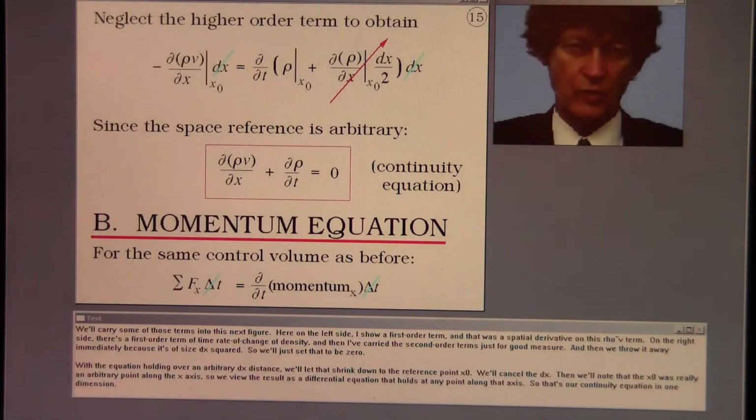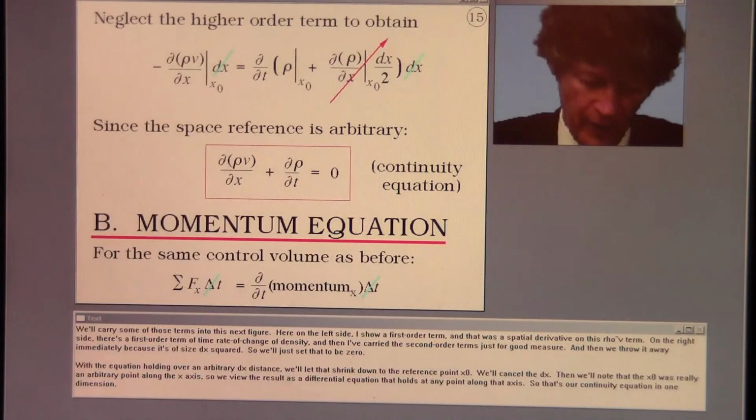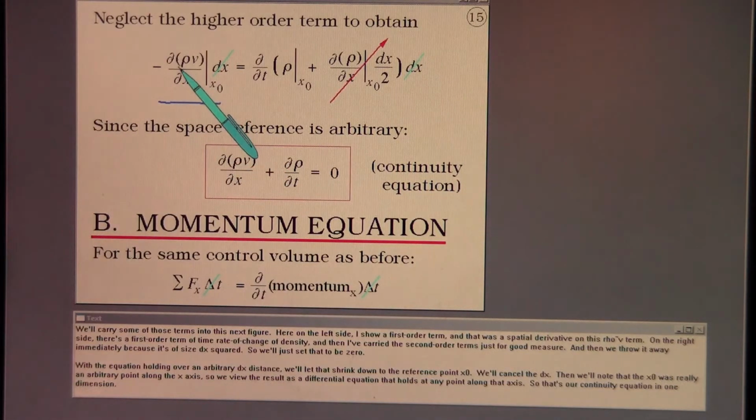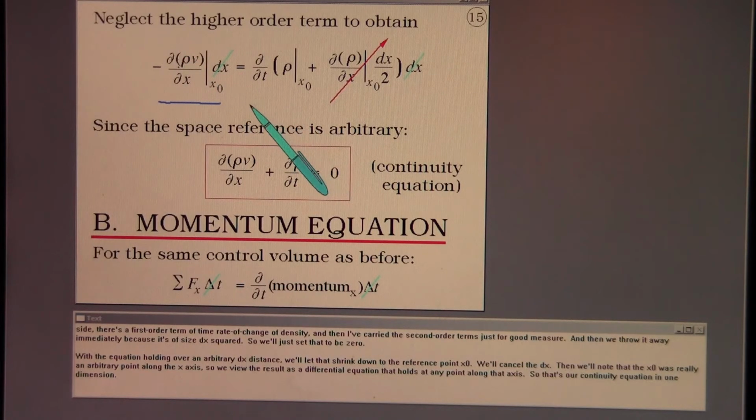We'll carry some of those terms into this next figure. Here on the left side I show a first order term, and that was the spatial derivative on this rho v term. On the right side there's a first order term with a time rate of change of density, and then I've carried a second order term just for good measure, and then we throw it away immediately because it's of size dx squared. So we'll just set that to be 0.